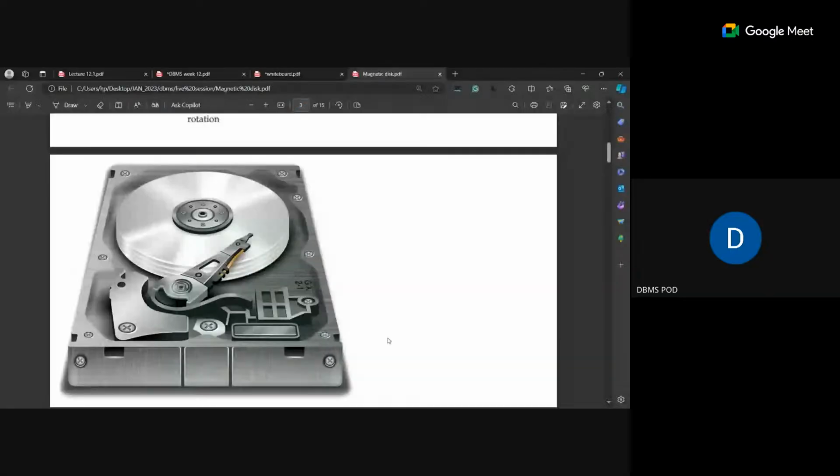It's visible, right? Yes, sir. So this is the storage in the form of tracks, right?